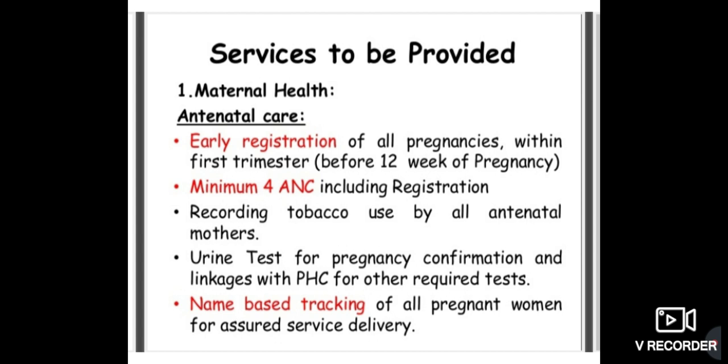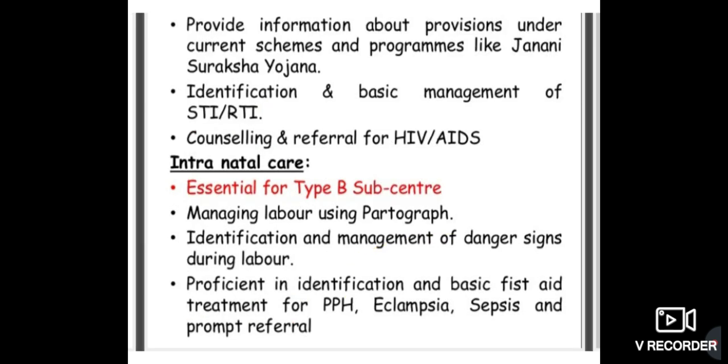First is maternal health. First, antenatal care: early registration, minimum 4 antenatal checkups, recording tobacco use if the mother uses it, name-based tracking system, urine test. Then provide information regarding the Janani Suraksha Yojana, identification of any sexually transmitted disease or reproductive tract infection, then counseling and referral for HIV or AIDS.